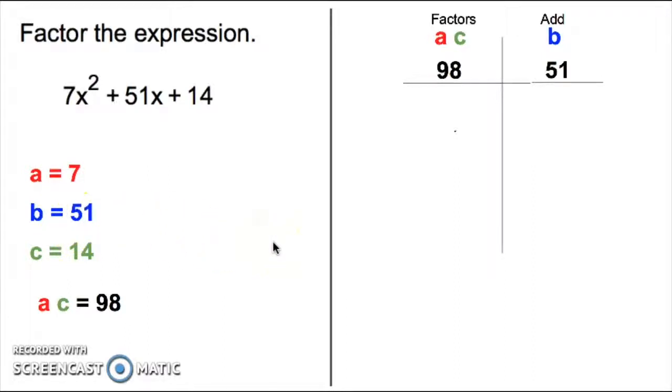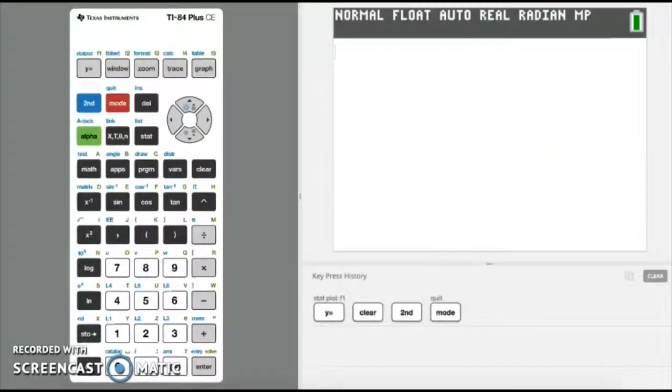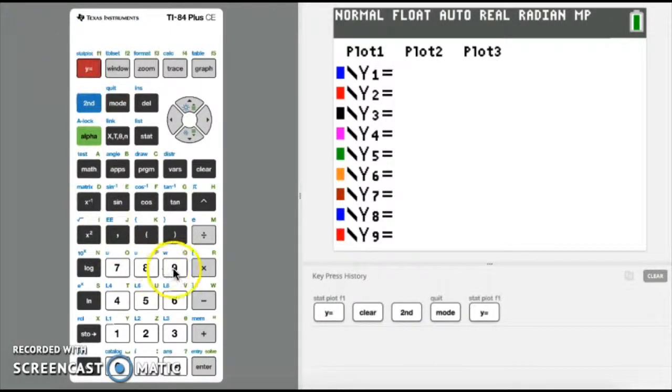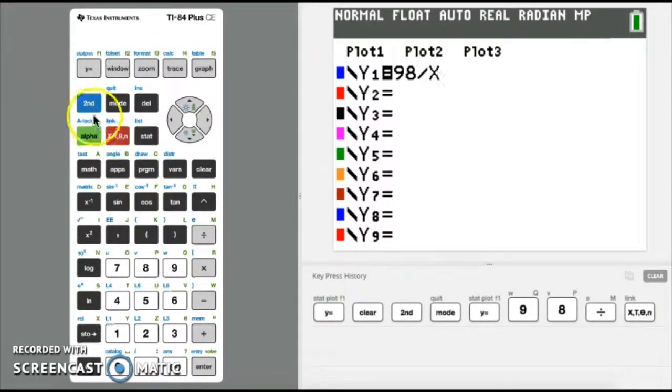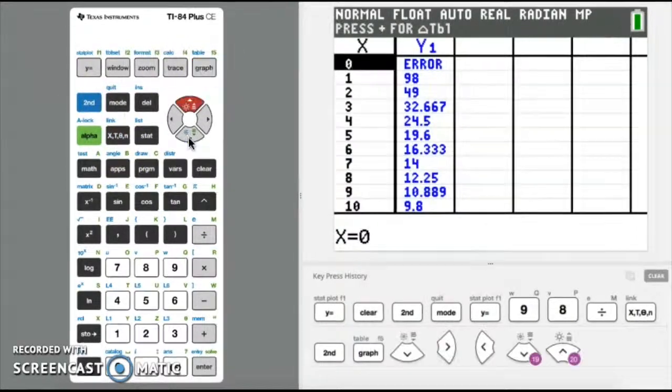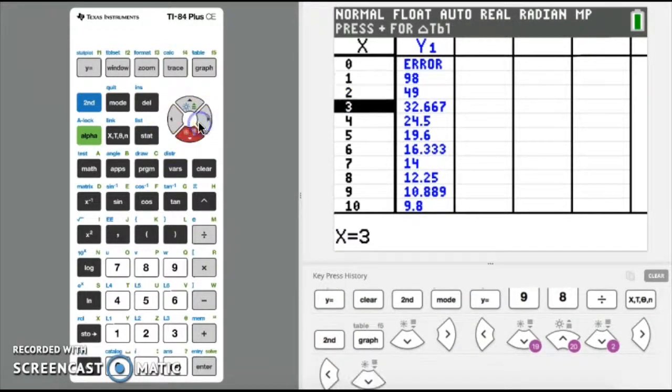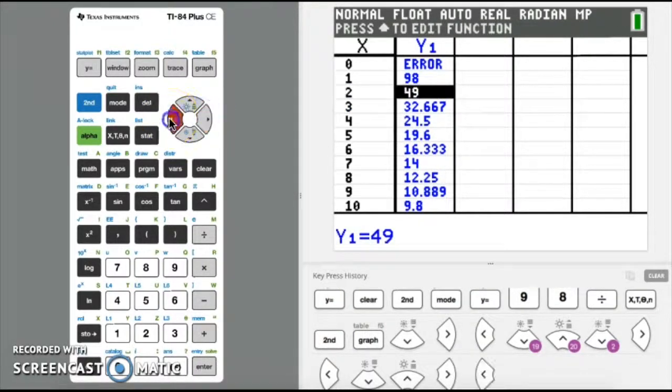So now we're going to find factors of 98 that add up to 51. So let's use my calculator. So what you're going to do to find your factors is go to y equals, and type in that factor of 98 and divide it by x. Then do second graph. We want a pair of numbers that add up to 51. 2 and 49 add up to 51, so these are going to be my factors.